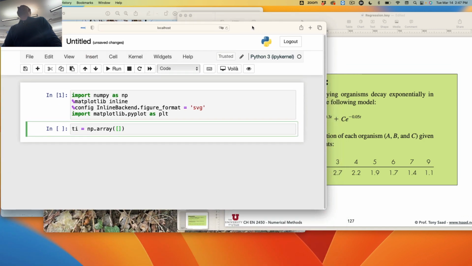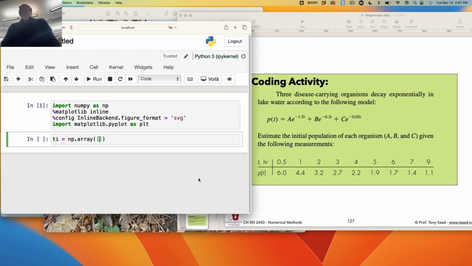Okay. So for time, we have 0.5, 1, 2, 3, 4, 5, 6, 7, and 9.0.